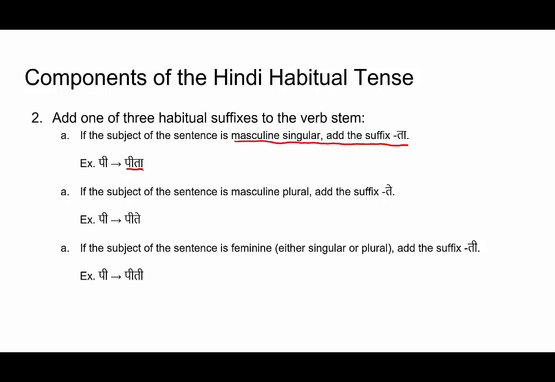If the subject is masculine plural, we add the suffix te to the verb stem. So if we have the verb stem pi, adding te would make pite. And if the subject is feminine, regardless of whether it's singular or plural, we add the suffix ti. So that would make piti in the case of the verb stem pi.